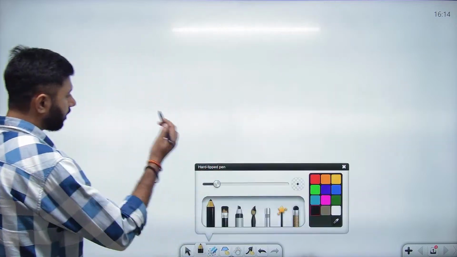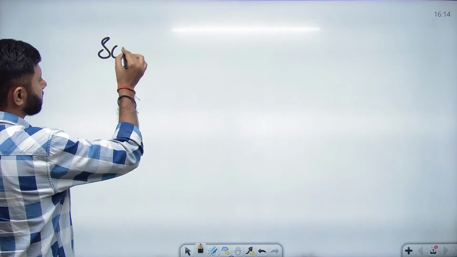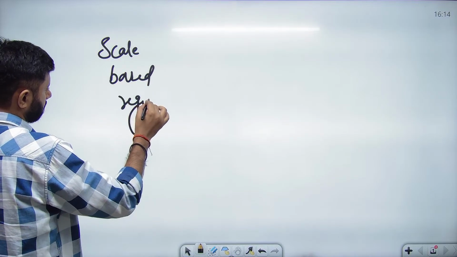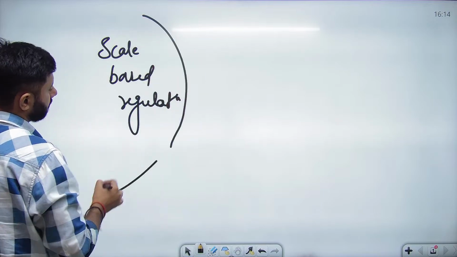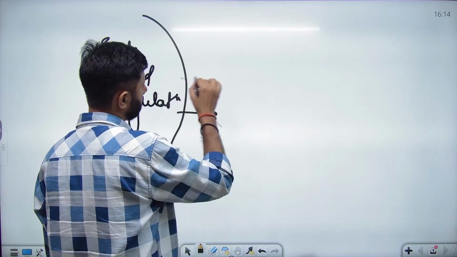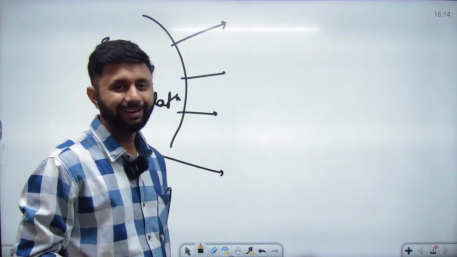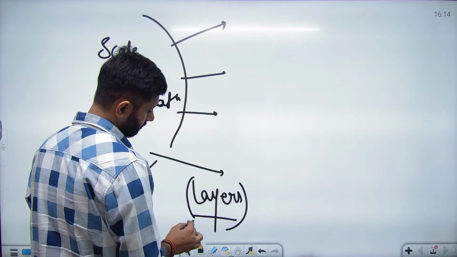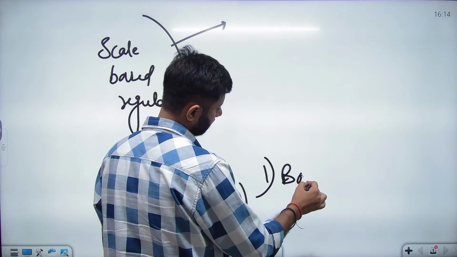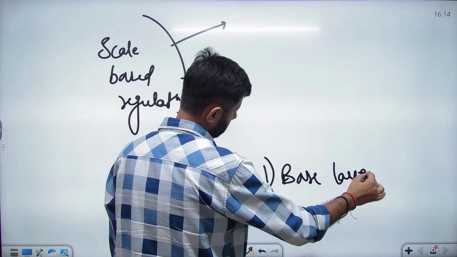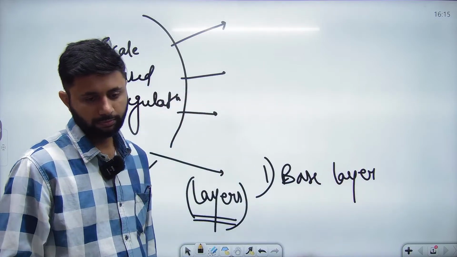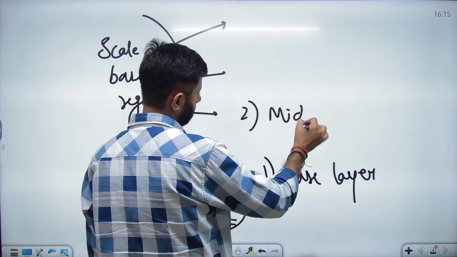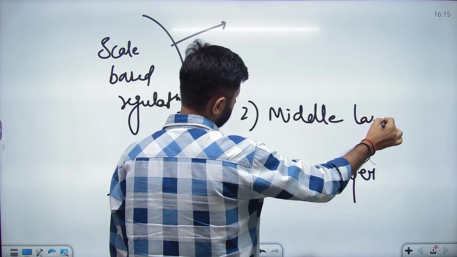Let's have a little bit of understanding of what exactly scale-based regulation is. What Reserve Bank of India did was classify NBFCs into 4 different layers. The first being the base layer, the second being the middle layer.